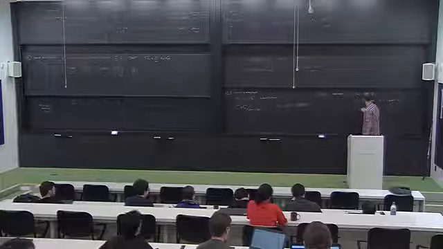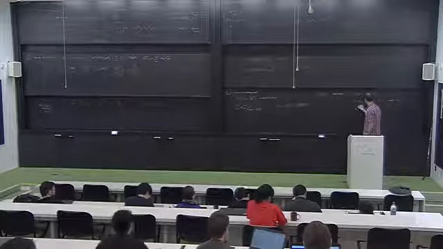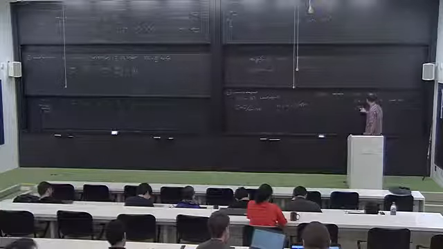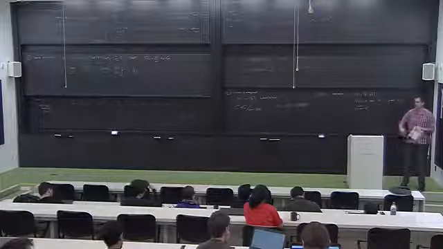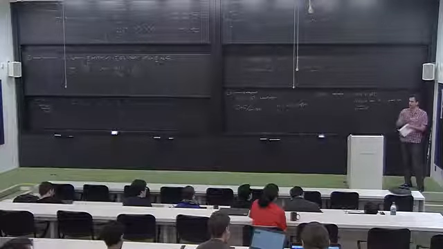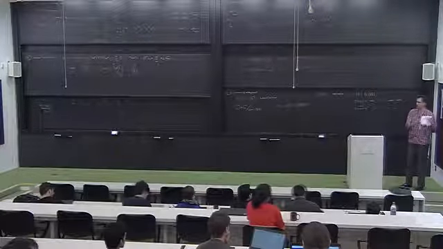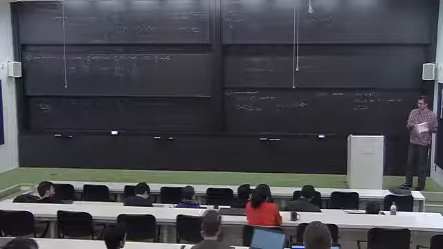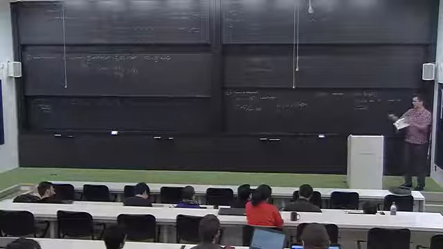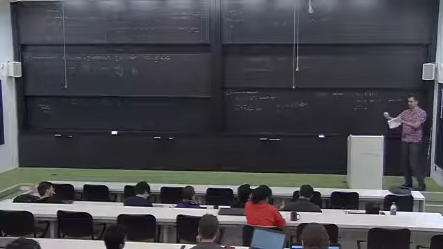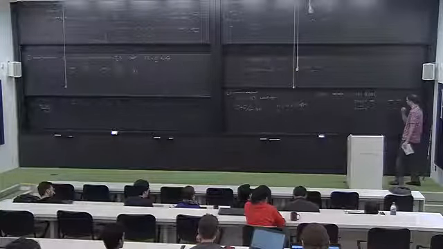Under local operations and classical communication, you allow a set of transformations on part A and part B independently, and also some correlation between what you do on part A and part B. So on part A, I make a measurement, I tell part B, hey, I just made a measurement and I got this result. And then part B, depending on that, can make their own manipulations back and forth.